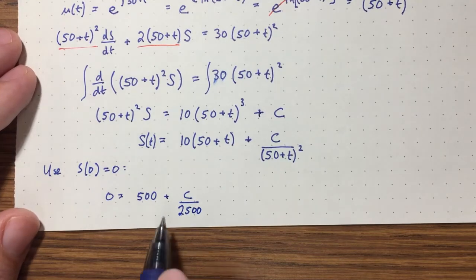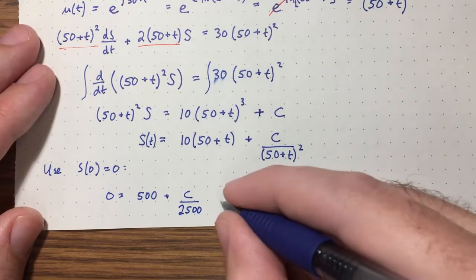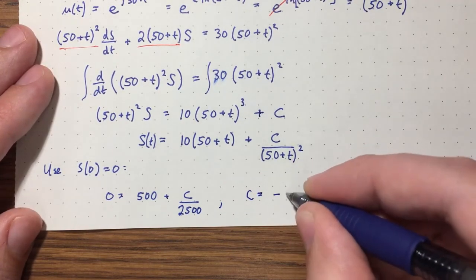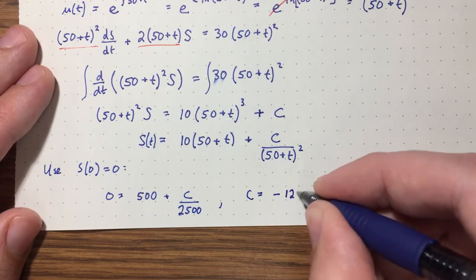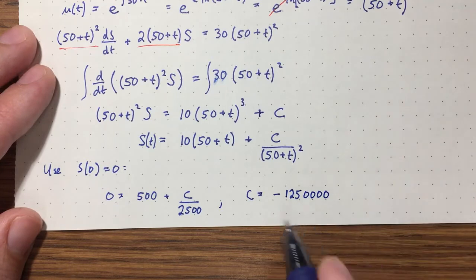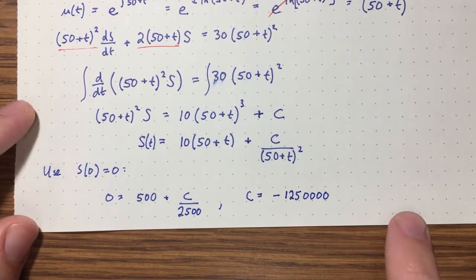Okay, so what is c going to be? So I guess it'll be negative 500 times 2,500. So c is actually going to be a pretty large number. So negative 1, 2, 5, 4 zeros. So negative 1,250,000. That's what our constant is.